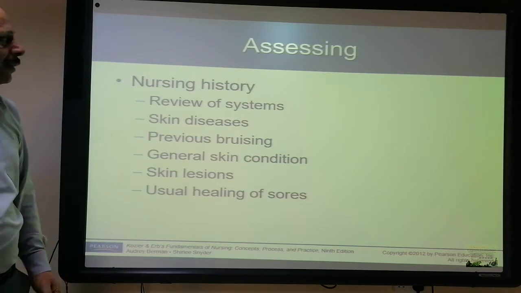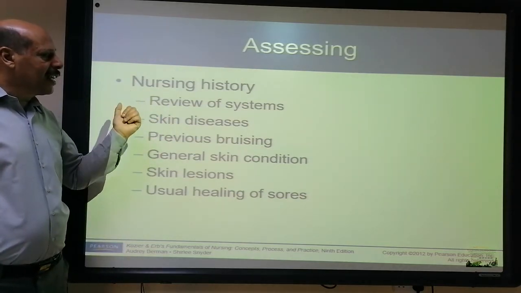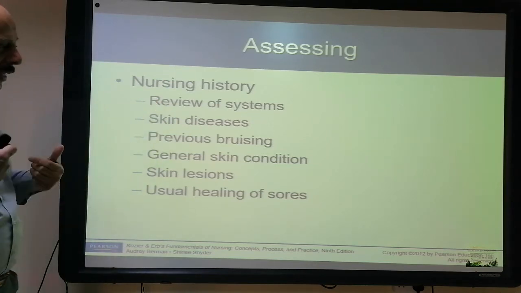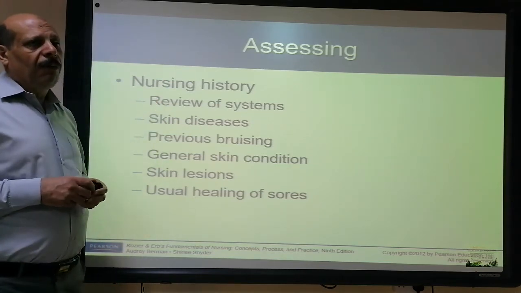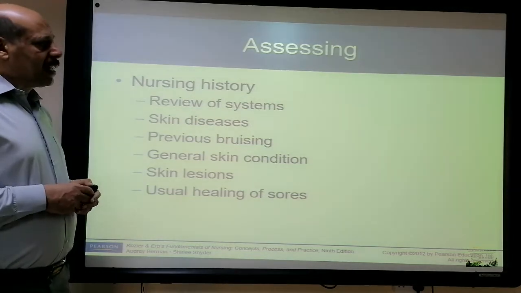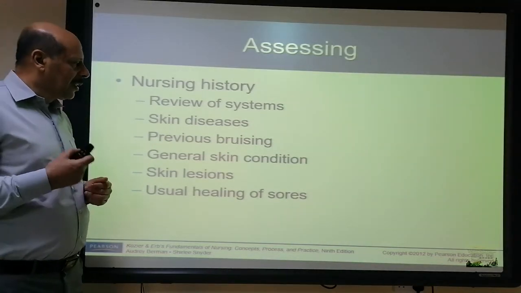About the assessment, when we are assessing the client, we have to assess the nursing history of the client. We have to review the systemic review of the client. We have to assess him systemically, and a physical assessment has to be done for the client.